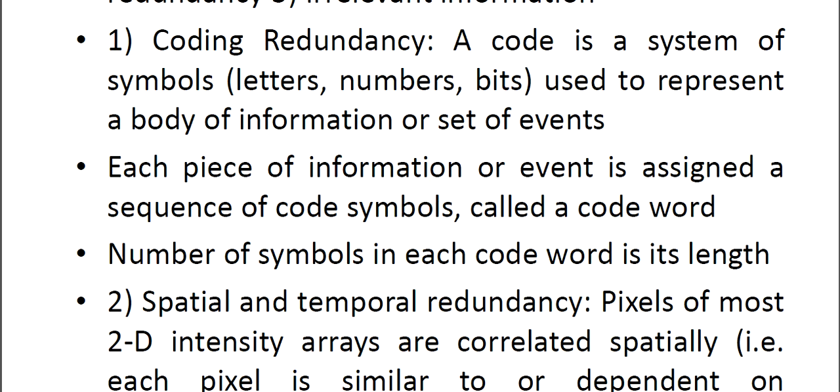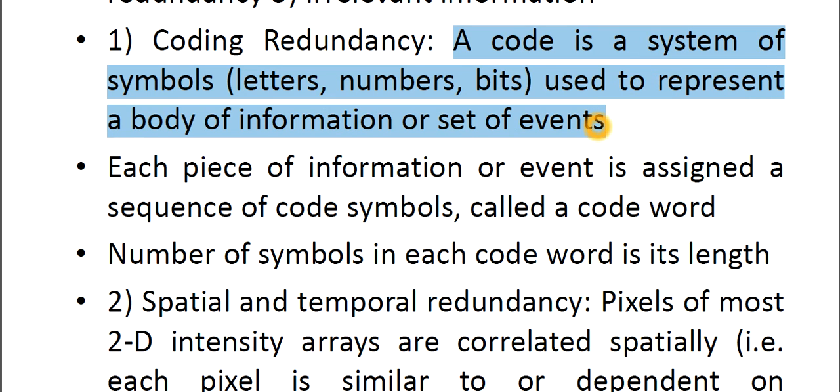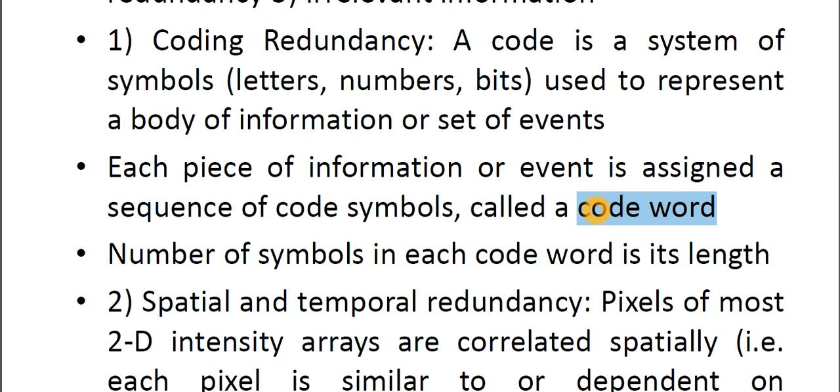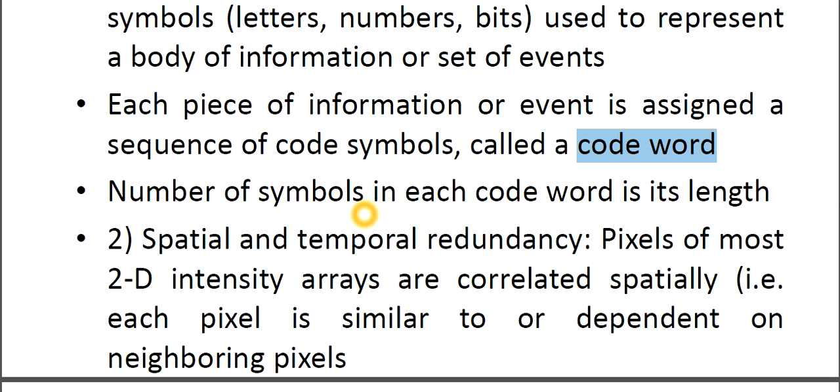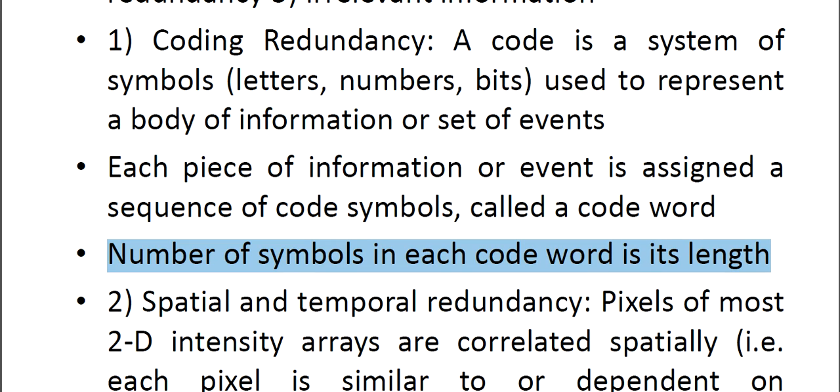A code is a system of symbols, letters, numbers or bits used to represent a body of information or set of events. You know that. And each piece of information or event is assigned a sequence of code symbols called a code word. And the number of symbols in each code word is its length. Do note that. So that is our coding redundancy related information.